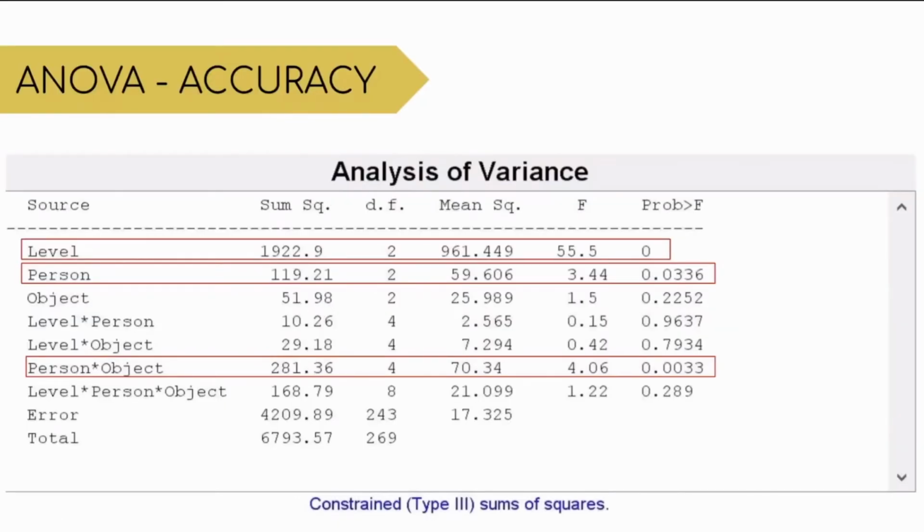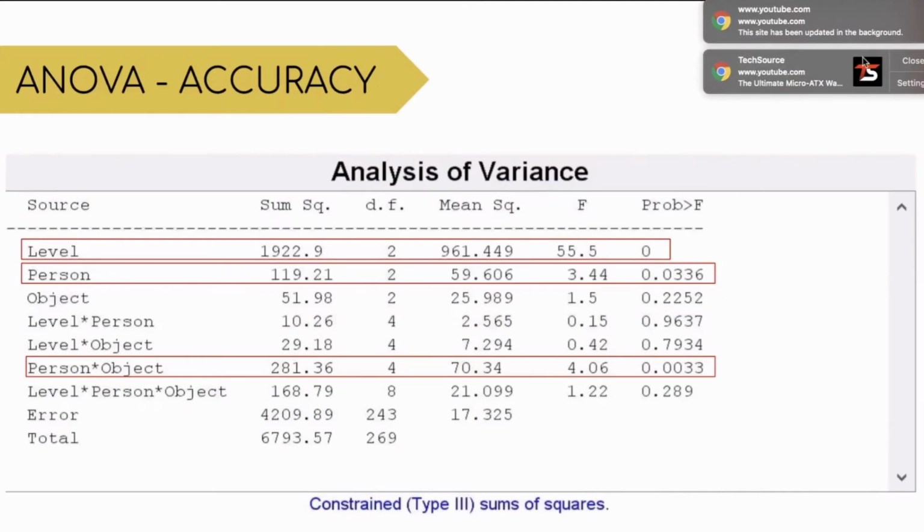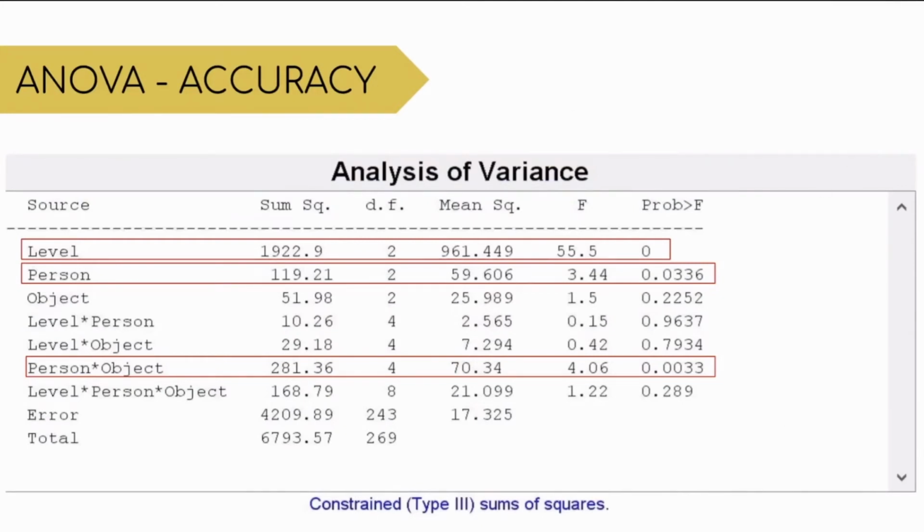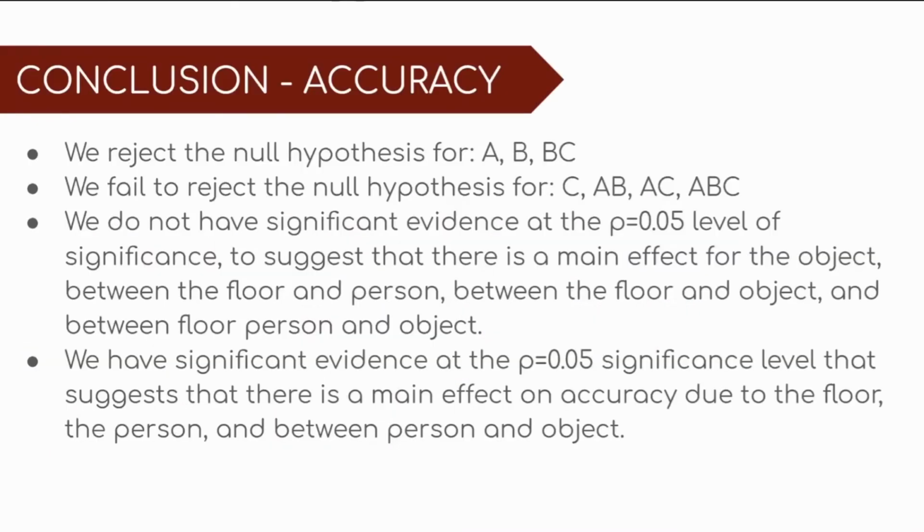Here we can see the analysis of our ANOVA test for accuracy. We've highlighted the 3 sources where our p-value was lower than our significance value. So we rejected the null hypothesis for A, B, and the interaction between B and C. We failed to reject the null hypothesis for C, the interaction of AB, the interaction of AC, and the interaction of AB and C. We do not have significant evidence to suggest that there's a main effect for the object, between the floor and person, between the floor and object, and between the floor, person, and object.